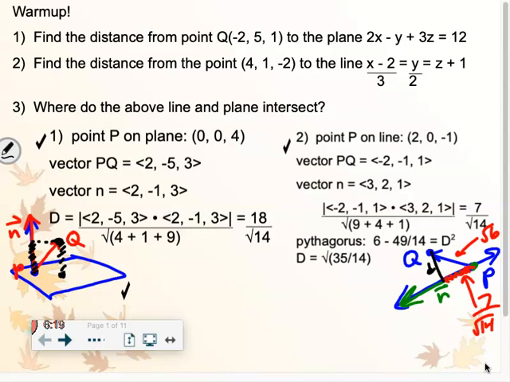Solve. So that's how I do it. I got the square root of 35 fourteenths, or root 35 over root 14.